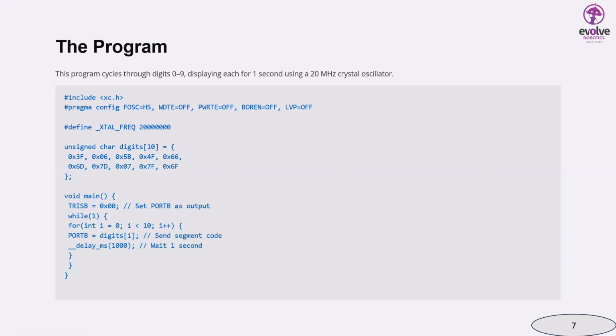That is, i is equal to 0, so it starts from 0. Then this loop will work till the value of i is less than 10, that is up to 9. Once the value is 10, the loop will stop and the program again starts from the first value.